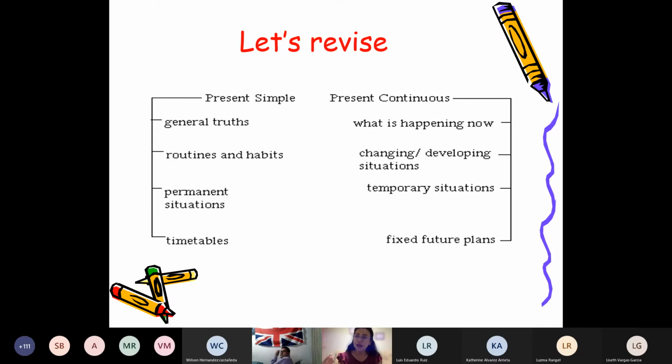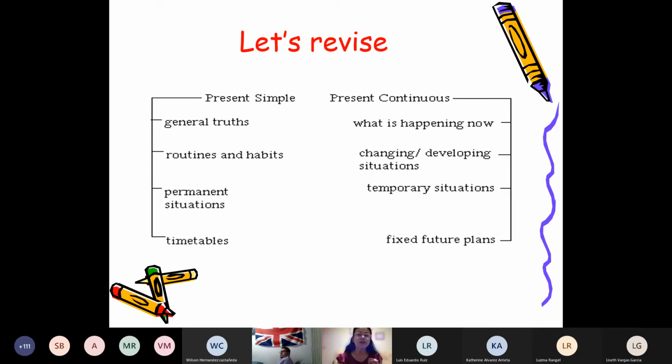But the economy is increasing and increasing every day. Okay, this is a typical example of the present continuous. The economic situation in our country is terrible, but it's getting better, se está ya mejorando, it's getting better every single day, okay?